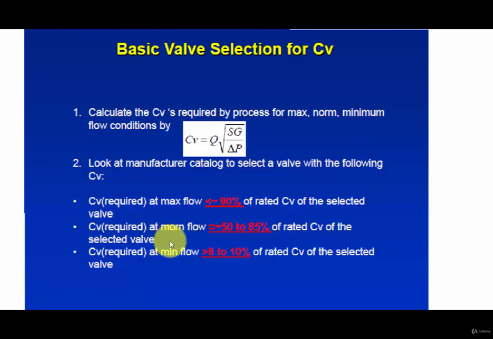You have to optimize according to these conditions. Maximum CV at 90% of the rated CV. Normal CV, required CV should be around 50% of the rated CV. Minimum CV should be around 10% of the rated CV of the selected valve. That should be the criteria for the selection of the valve.